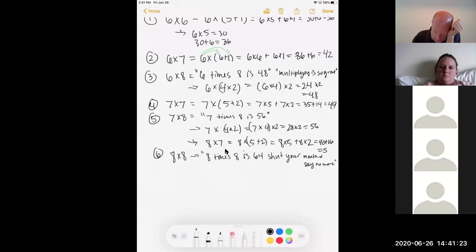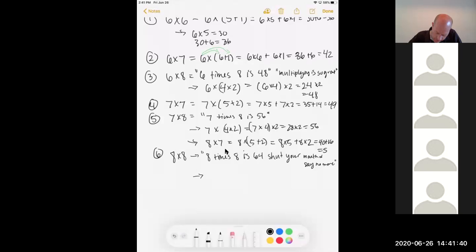8 times 8. Yeah, there could be a lot of them because the 8s can be broken down in a lot of ways. With the 8s, I usually just do the 9s on my fingers and then minus 1.